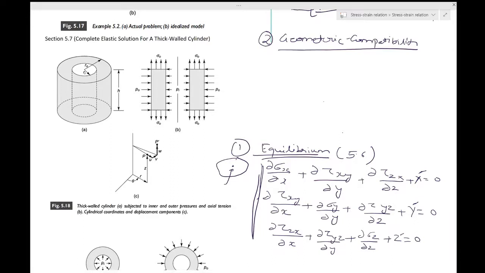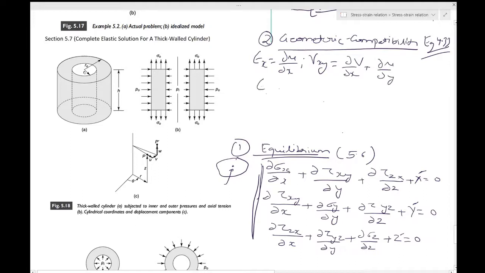Yes, so equation 4.33, if you see, this was derived by us, or defined by us, to be more correct, for a 2-dimensional setting. And what we do here is an extension of that. So we write epsilon x as dou u by dou x, gamma xy as dou v by dou x plus dou u by dou y.